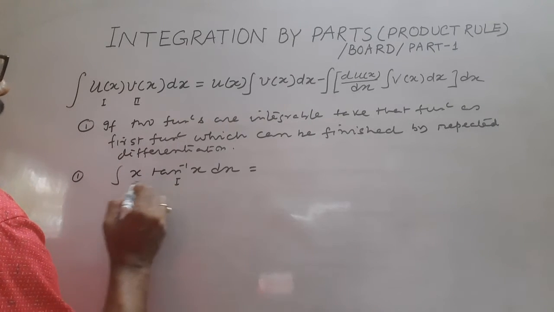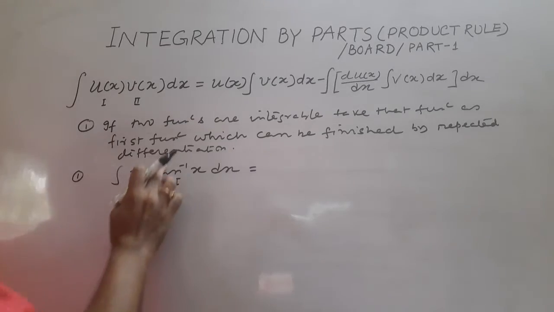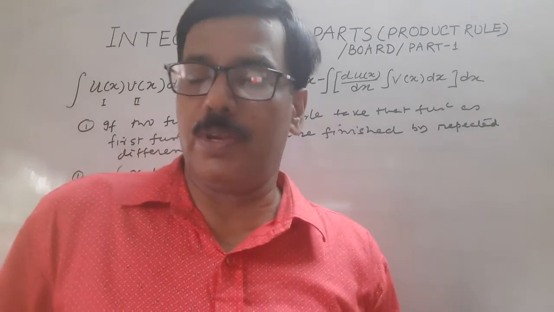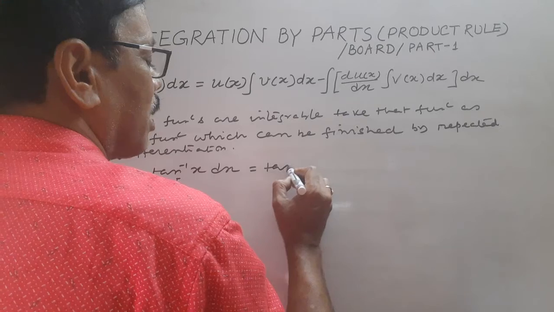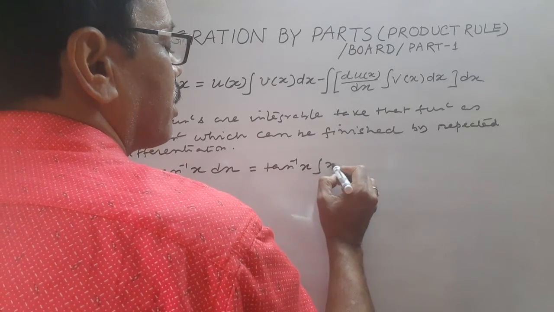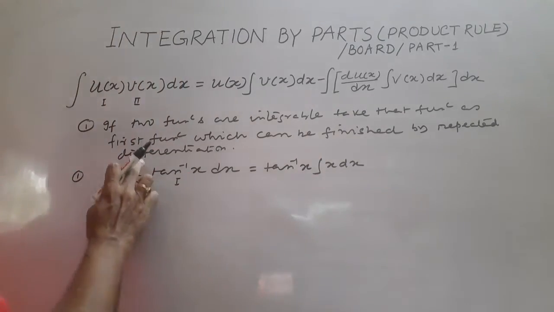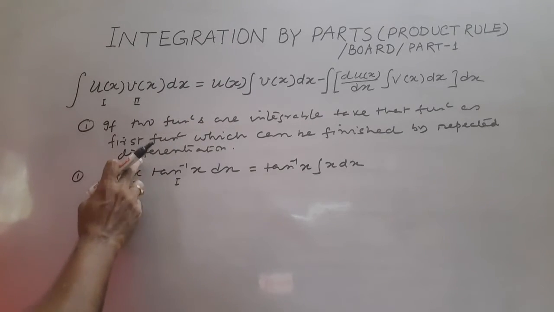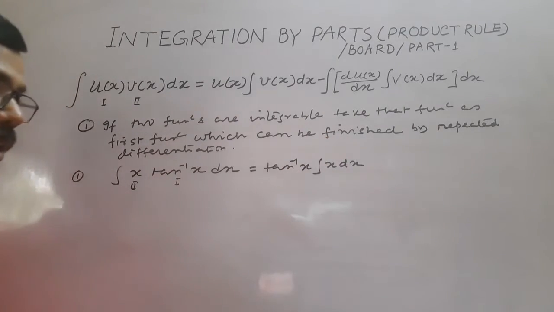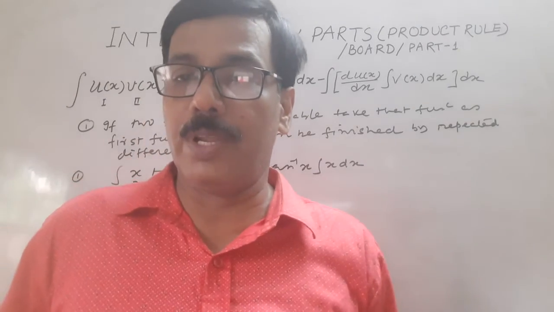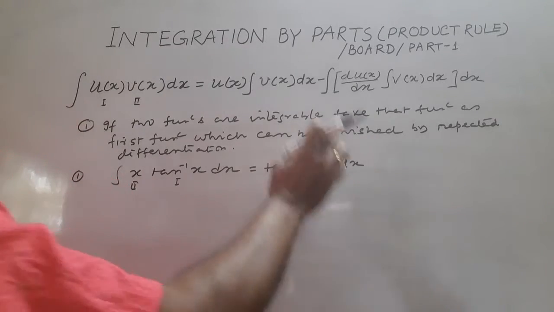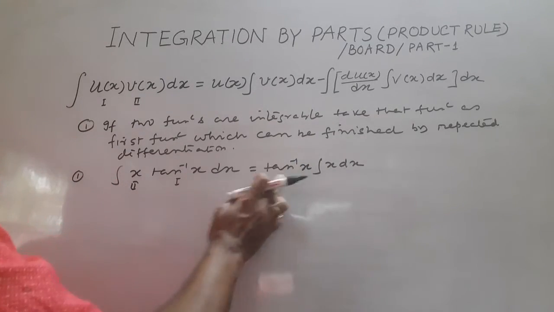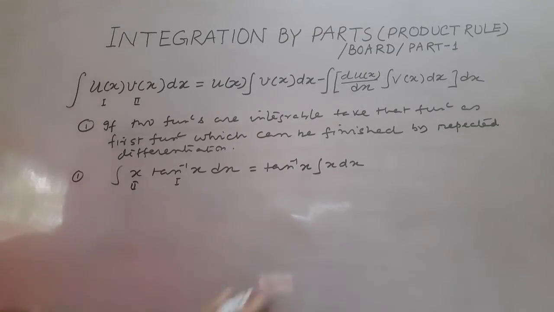So this one is first, this one is second, because tan inverse x is not integrable. So this is our inspection. So tan inverse x unchanged, integration of x dx. Look, if we integrate x, it will be x square by 2, and the power will be increasing. But we are taking x as the second function because the other one is not integrable.